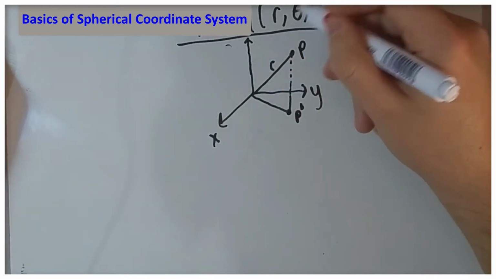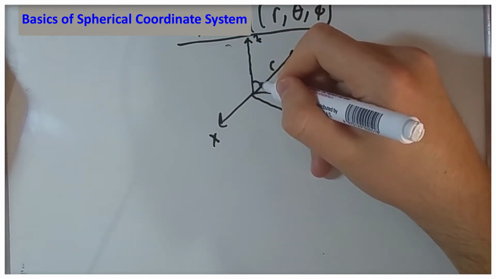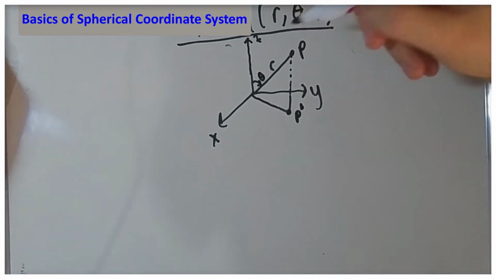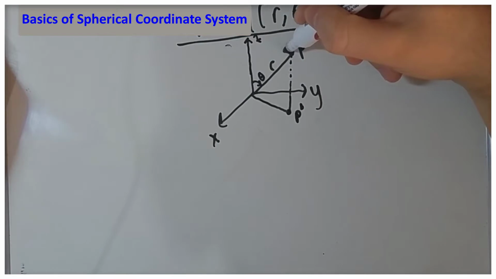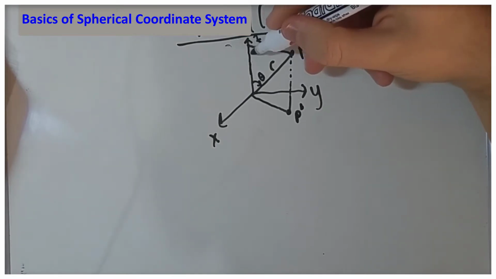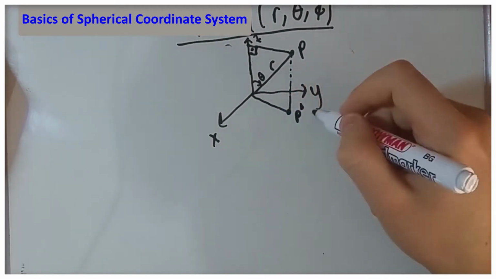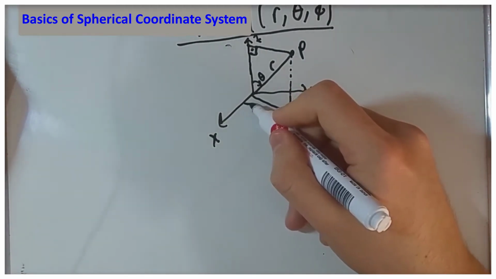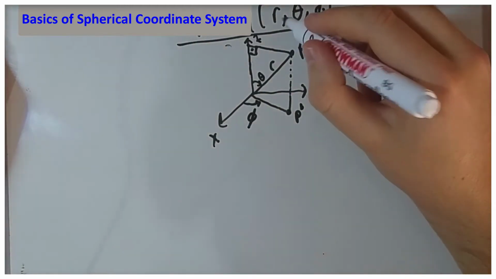Now friends, the angle we make with Z we call theta. Then, look at this, I drop a perpendicular to Z. I project onto the xy plane as the point P prime. Now we know again that the angle with x is phi.